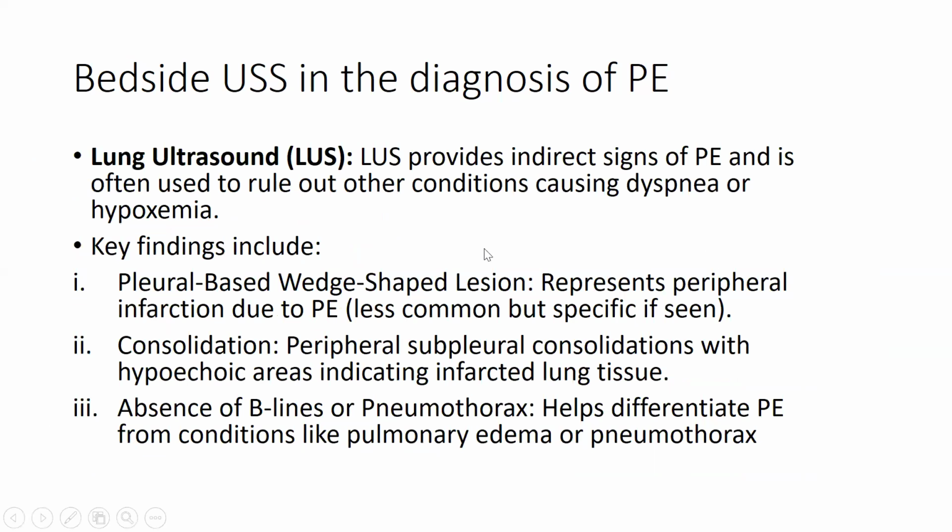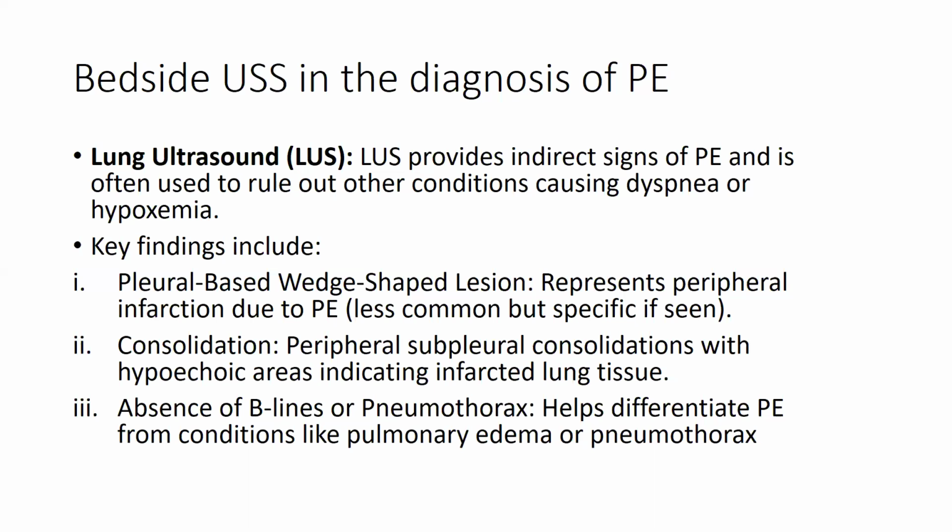Now, lung ultrasound also can be used in the diagnosis. It can give you an indirect sign of PE. So you have the pleural wedge-shaped lesion, which shows peripheral infarction. Remember that I told you that the smaller sized emboli will not cause as much hypotension but will cause pulmonary infarction.